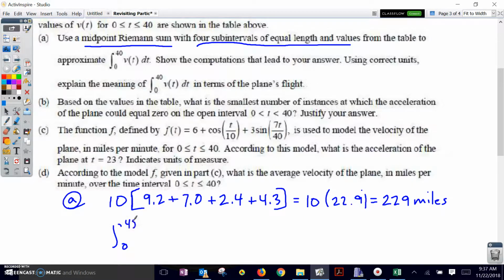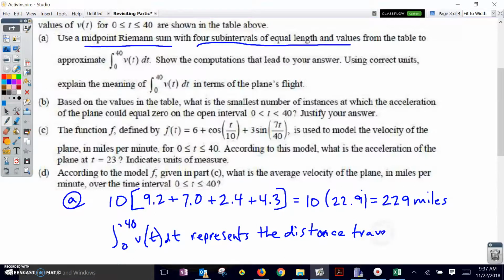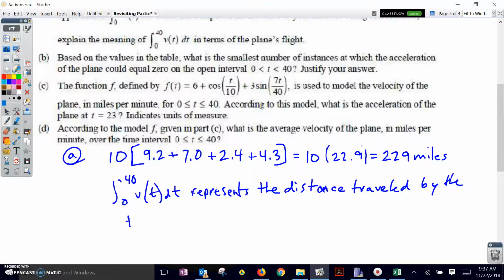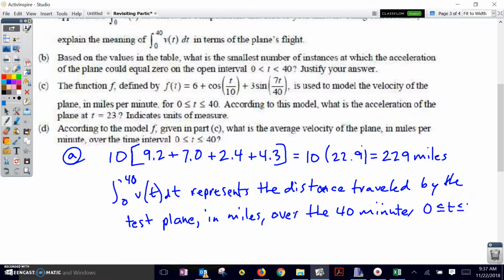So the integral from 0 to 40 of v of t represents the distance traveled by the test plane in miles over the 40 minutes, 0 is less than or equal to t, less than or equal to 40.